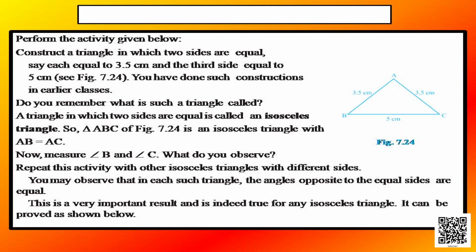When we measure angle B and angle C, we can observe that their value is also equal to each other. We can repeat this activity with other isosceles triangles as well, and we will come to a conclusion that the angles which are opposite to the equal sides of an isosceles triangle are also equal to each other.